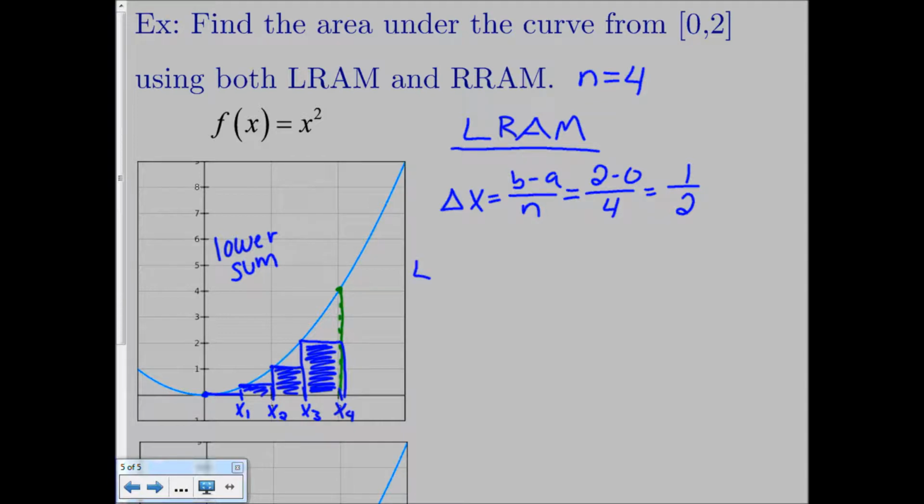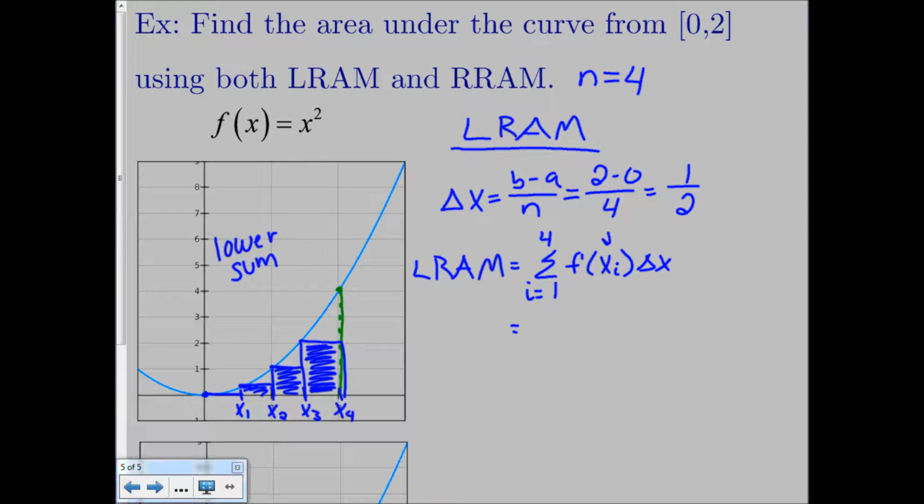So our area for LRAM is going to be the sum from i equaling 1 to 4 of f of xi times delta x. Okay, so now you might be saying, how do I go about finding my xi's?